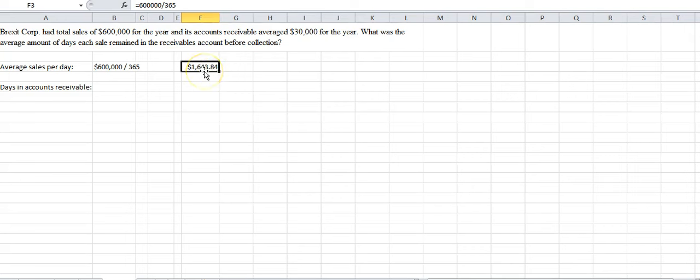Well, if this is what you sell per day and your average receivable was 30,000, the days in accounts receivable is going to be calculated as 30,000 divided by 1,643.84.